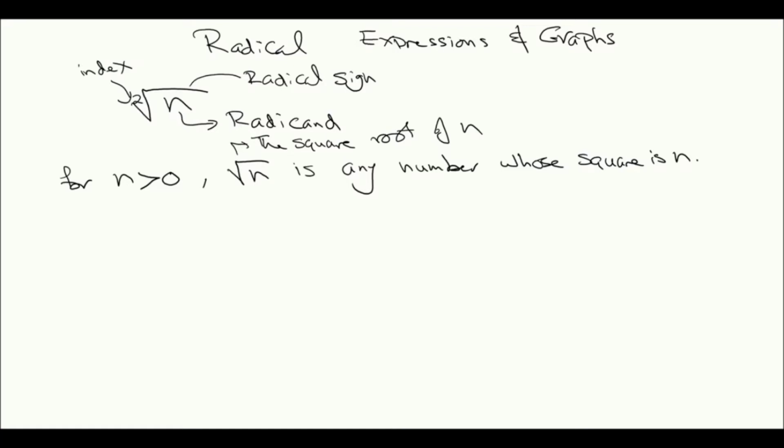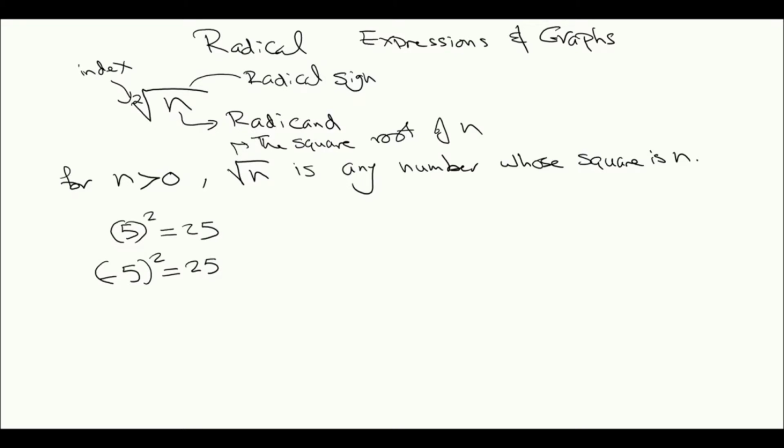So that brings us to a situation like this. We know that if we take 5 and square it, that gives us 25. So this means one square root of 25 is 5. But I also noticed that if I take negative 5 and square it, I also get 25.